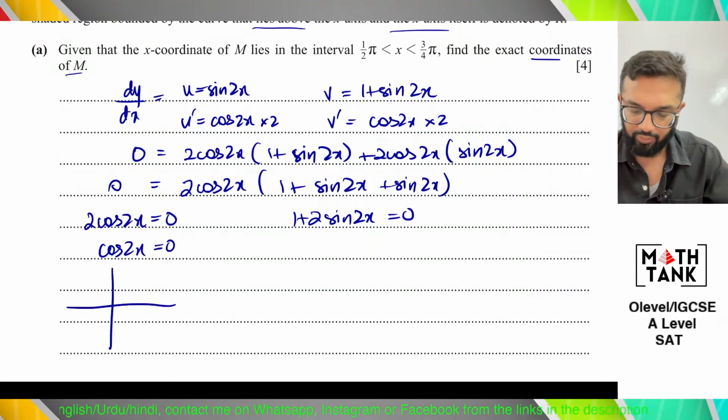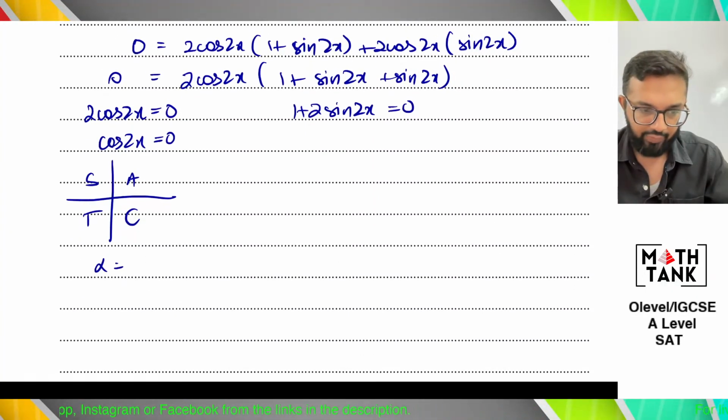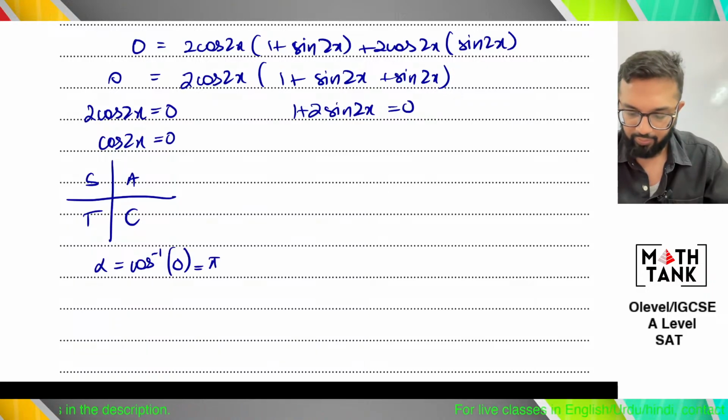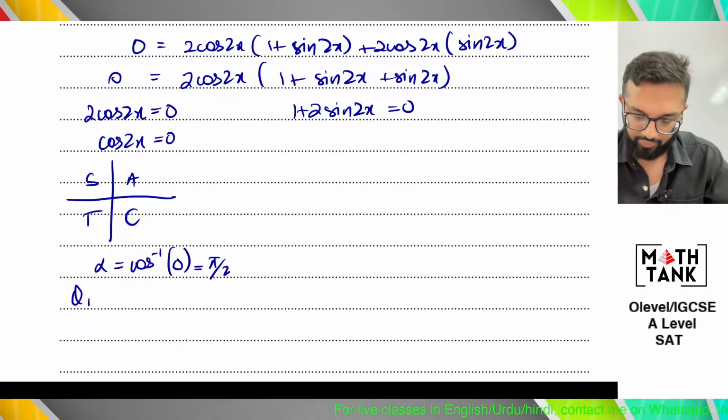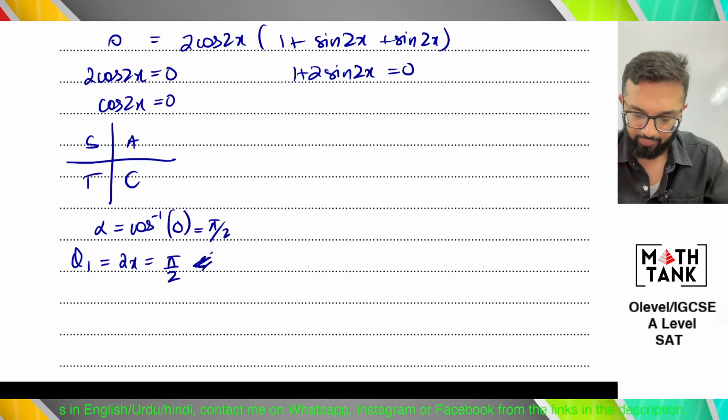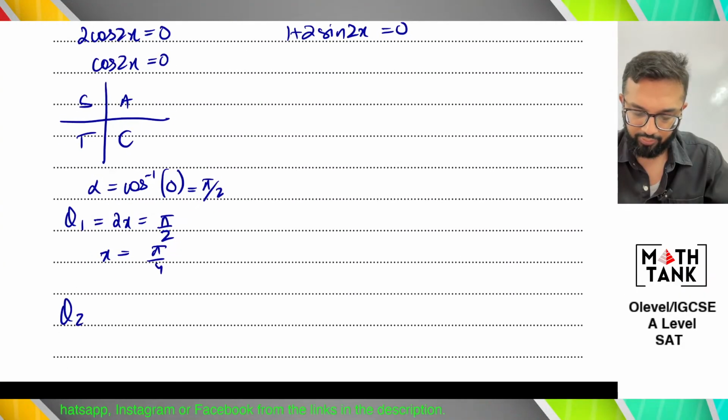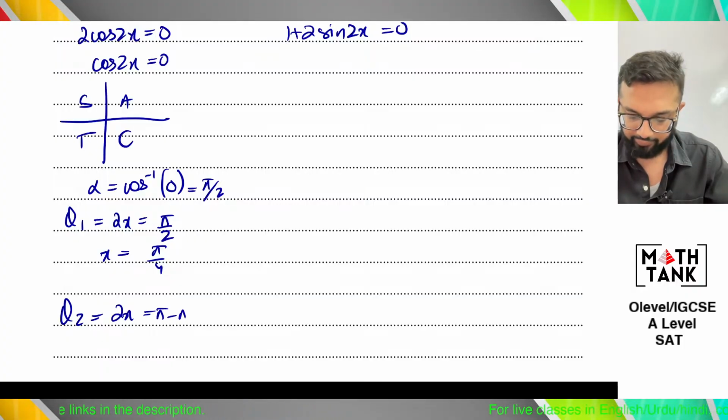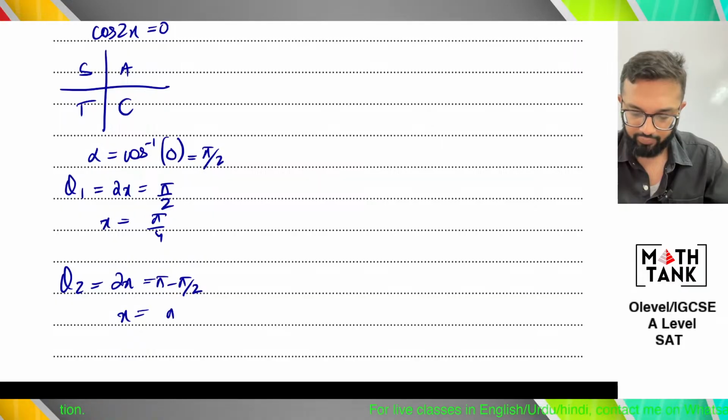Whenever you have 0, you take all 4 quadrants, A, S, T, and C. So alpha equals cos inverse of 0. Cos inverse of 0 is pi over 2. So in quadrant 1, I have 2x equals pi over 2, so x equals pi over 4. Quadrant 2 is also pi over 4, so not useful.